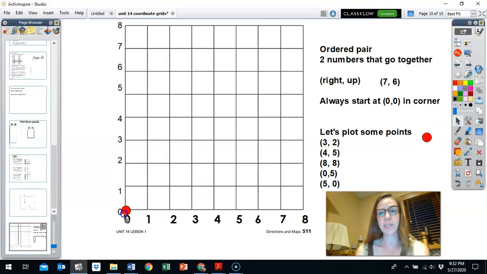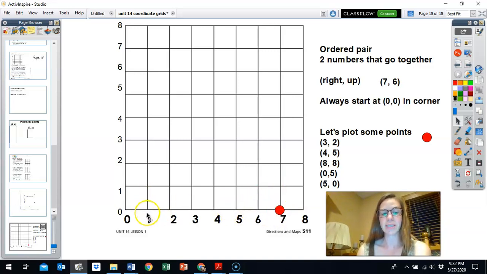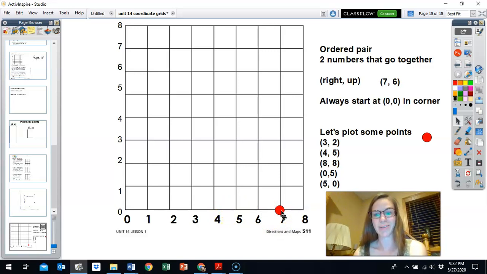So you start at 0, 0, and if I'm going to plot that point, 7, 6, I go all the way to the 7, so I go 7 spaces right. 1, 2, 3, 4, 5, 6, 7. And it's actually not the space, but the lines. 1, 2, 3, 4, 5, 6, 7. So it's the line after the space, however you want to look at it.